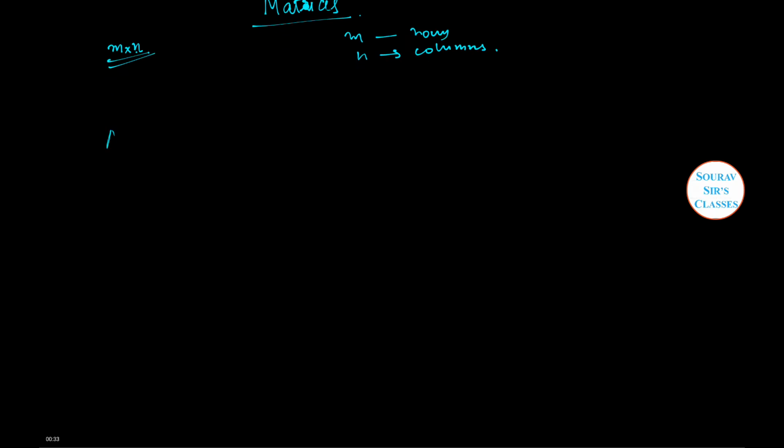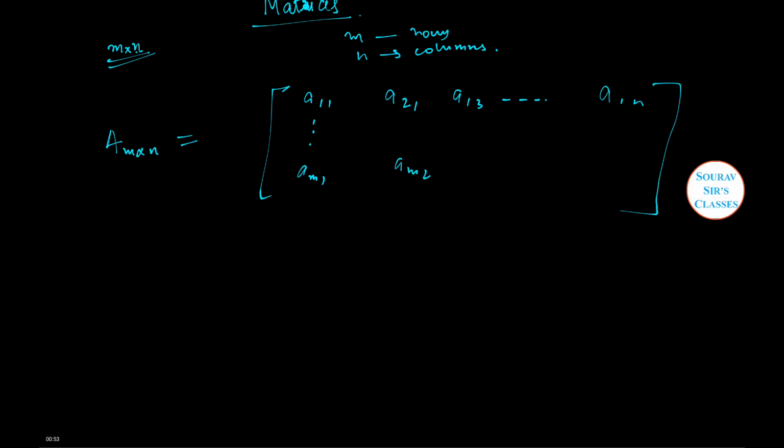For example, A is a matrix of the order m cross n: A11, A12, A13 till A1n, and this will go till Am1, Am2 till Amn. This is a basic matrix.